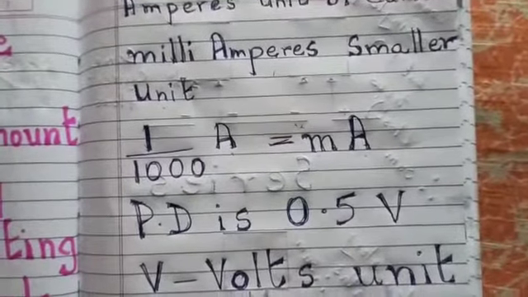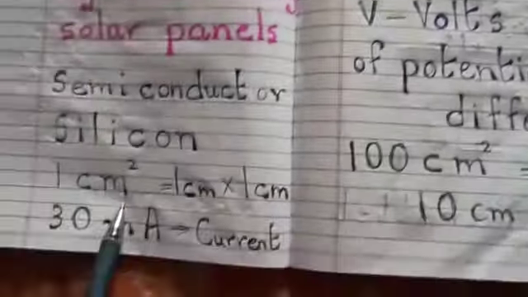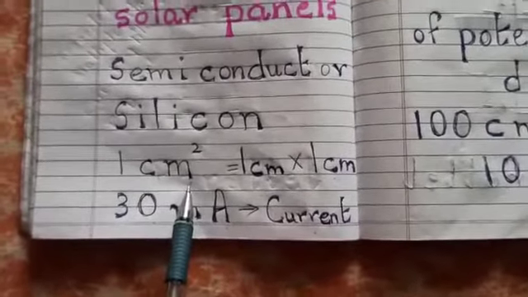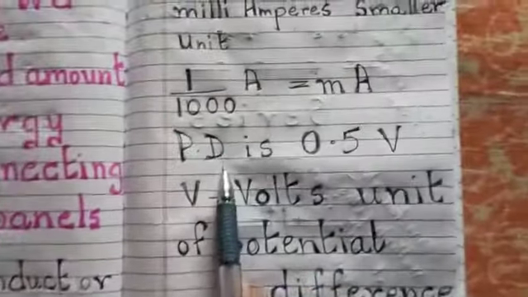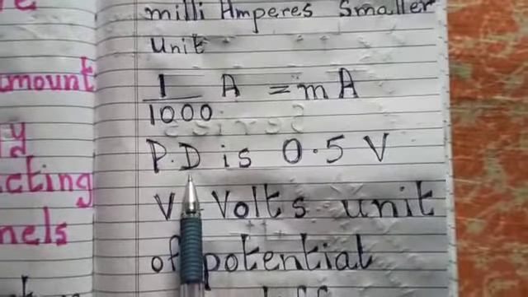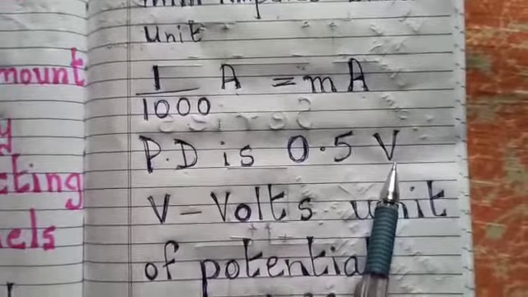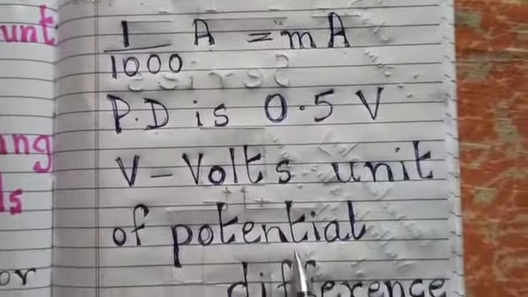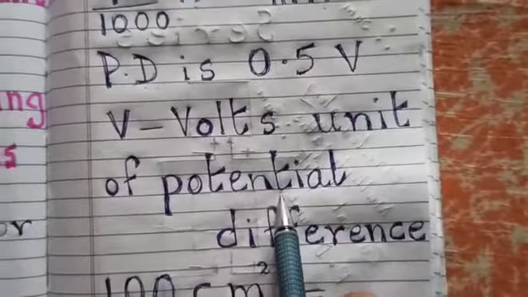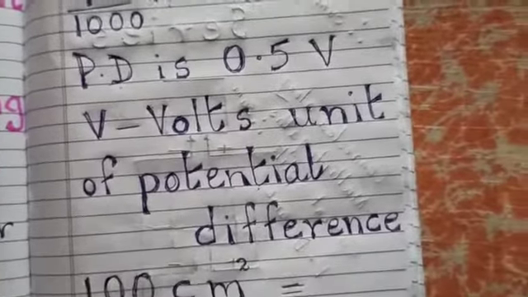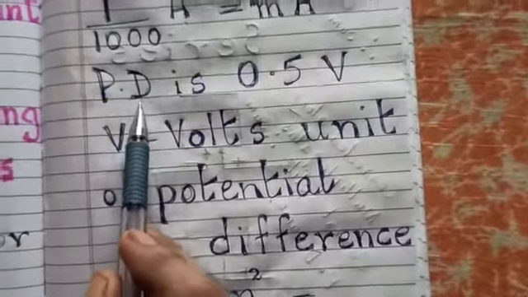Now such a silicon solar cell has a PD, that is a potential difference of 0.5 volts. Now volts is the unit of potential difference. Now what is the meaning of potential difference?